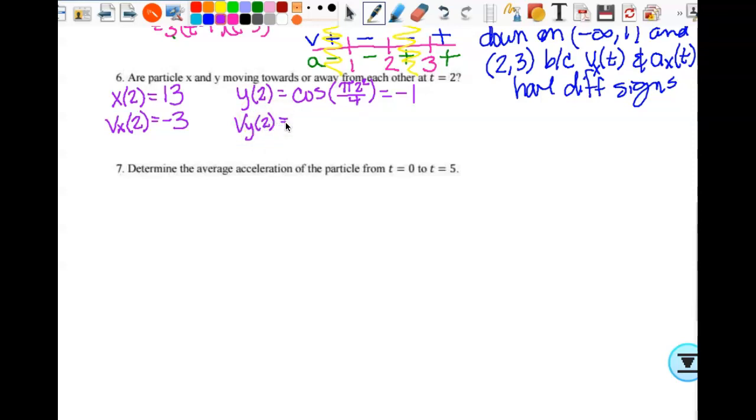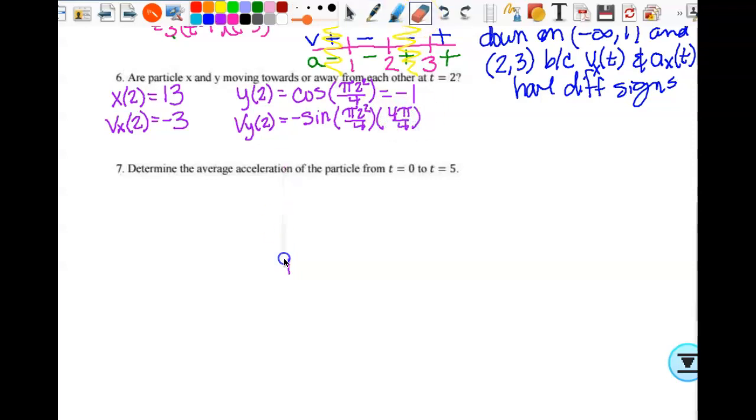And then the velocity of y at 2. Did we find that? Nope. But we can. We found it at 1, right? So we have the velocity function, because that was one of the first things that we did. And so v sub y of 2, that's going to be negative sine of pi times 2 squared over 4 times 4 pi over 4.